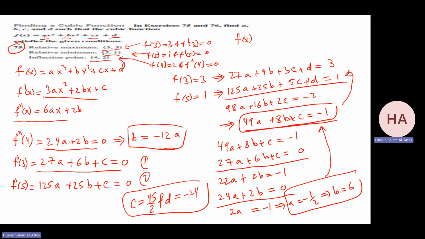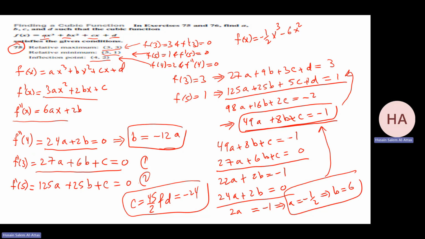It will be f of x equals minus half x cubed minus 6x squared. a equal half or minus half.